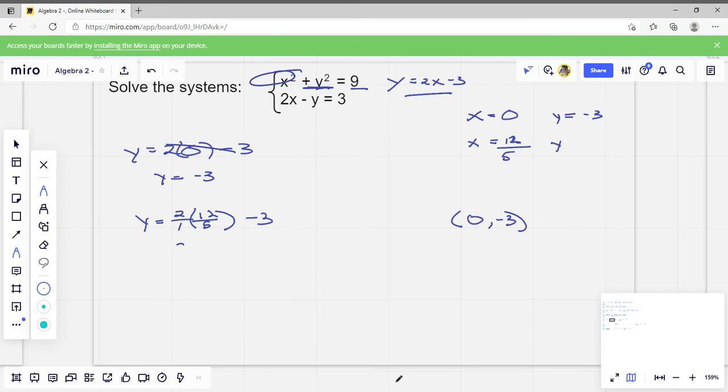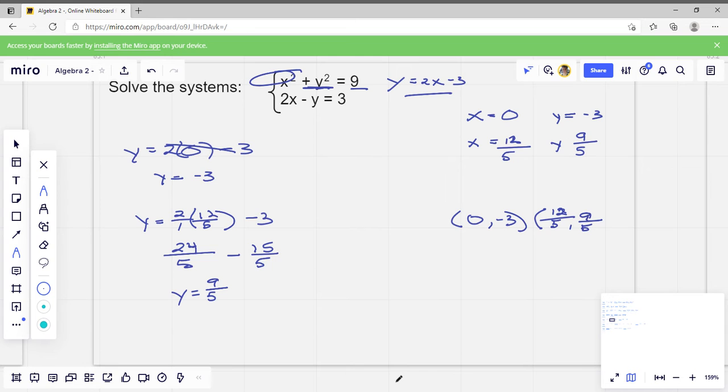That would be 24 over 5 minus 3. If I turn this 3 into fifths, that would be 3 times 5 is 15. 24 minus 15 is going to be y equals 9 over 5. So our other point would be (12/5, 9/5).